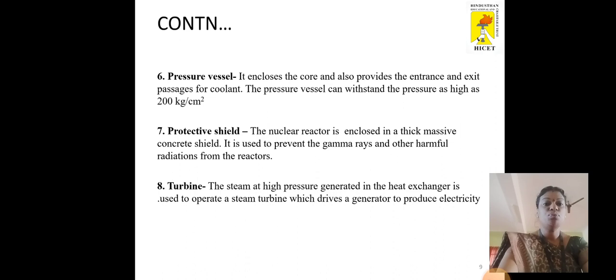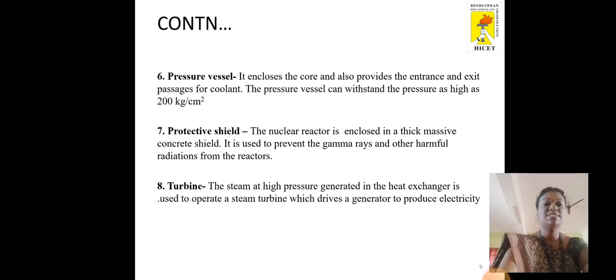Sixth one is the pressure vessel. This pressure vessel is present inside the reactor to maintain the pressure of the reactor. The pressure vessel can withstand pressure as high as 200 kg per centimeter square. There is an entrance and exit passage for coolant for reducing the pressure. Seventh component is the protective shield.